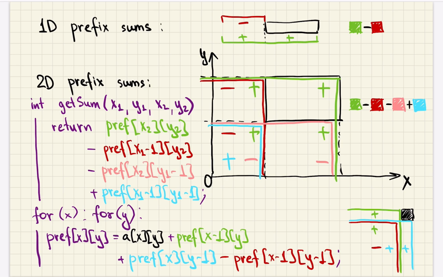In one dimension, prefix sums is the thing when we have an array and we want to be able to calculate sum on segment, and we do not have any updates to the array. Then we say that we can calculate sums on every prefix, hence prefix sums.